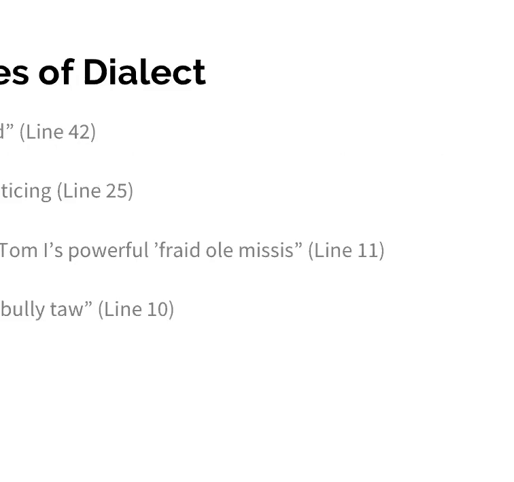So Tom says, "I'm afeared," which just means I'm afraid. He says, "I weren't noticing." When Ben comes up and asks him, he says, "I weren't noticing." And in line 11, Jim says, "But Mars Tom, I's powerful afraid, old missus." And then line 10, I highlighted in the text, "it's a bully tall."